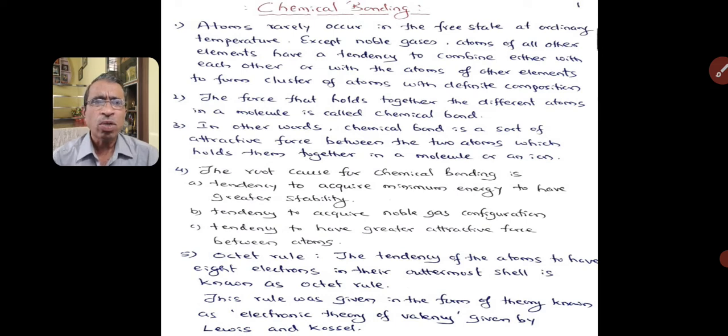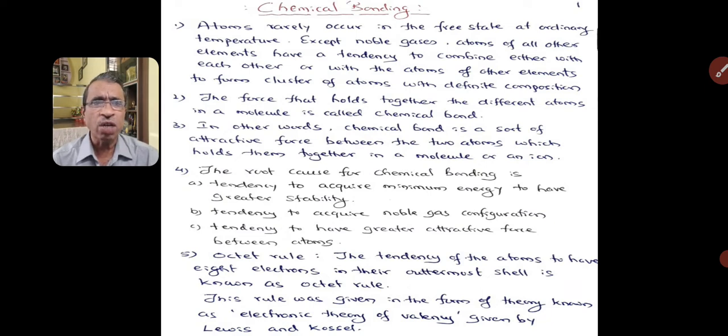To have a stable compound, the atoms obey the octet rule. And let us know what is this octet rule. The tendency of the atoms to have 8 electrons in their outermost shell is known as octet rule.